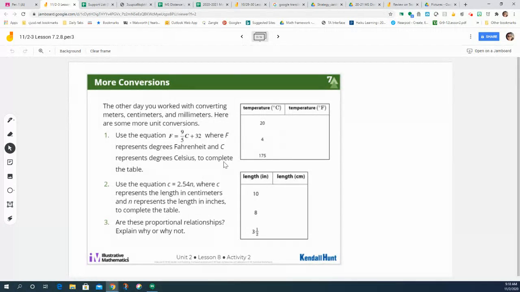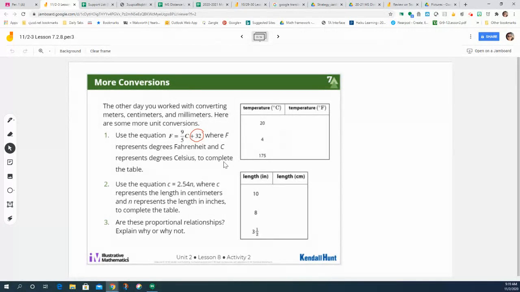I can already tell you that this relationship is not proportional just by looking at it, and that's what it wants us to figure out. I know it's not proportional because of that number, so that number makes it non-proportional. But let's just go with it because it wants us to fill in this table.